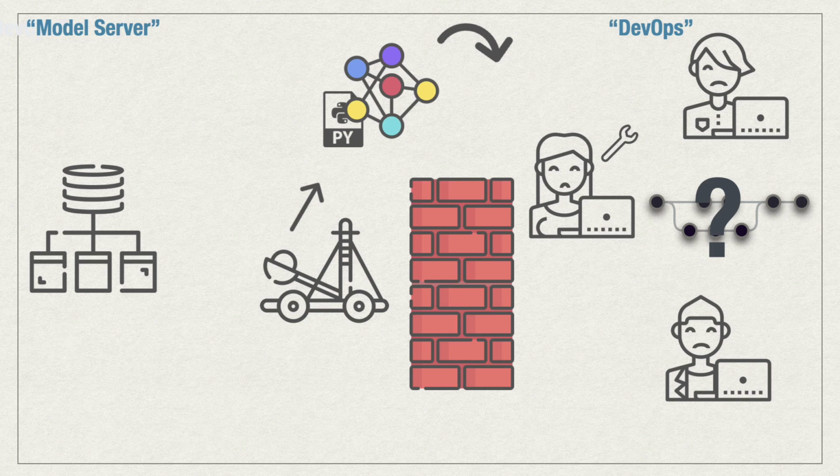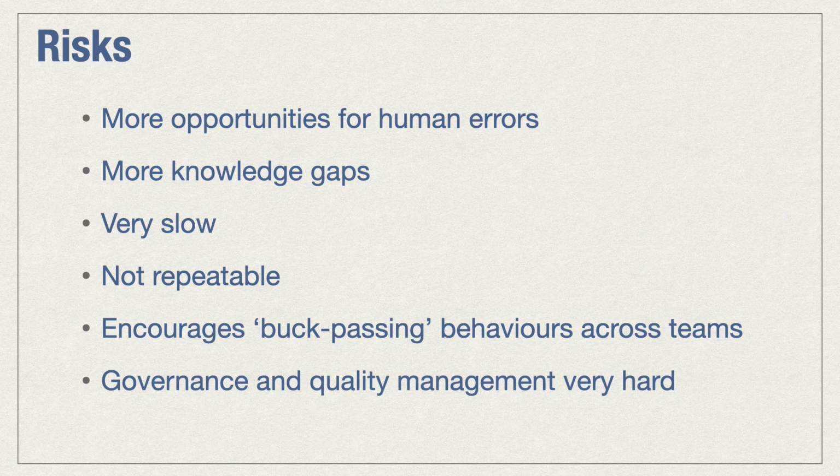So with this way of working, you are facing some very similar problems. You have a lot of human processes going on, and therefore quite a lot of opportunities for errors to creep in. You have big knowledge gaps between areas of different teams working on the same product, and the process is slow and not repeatable.